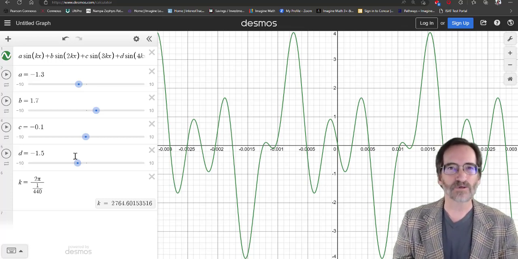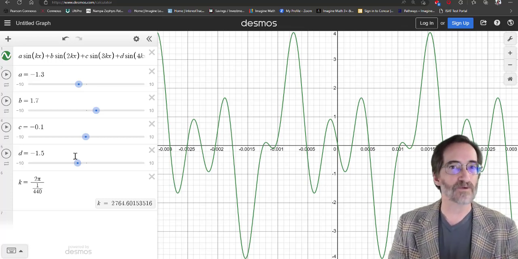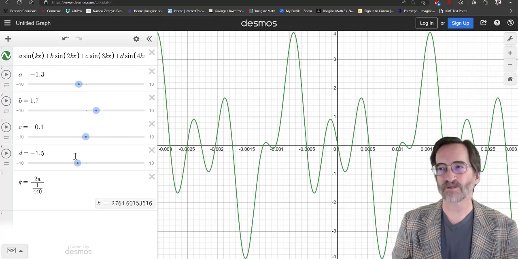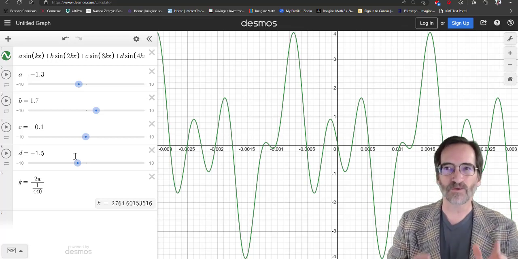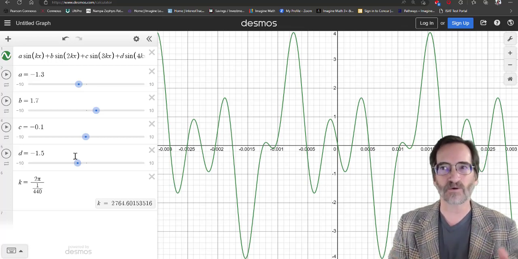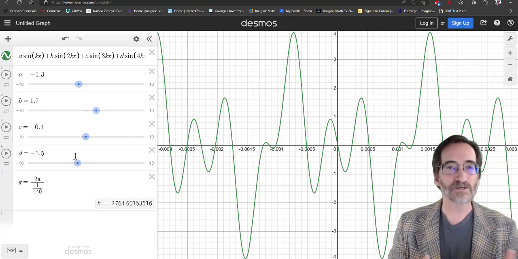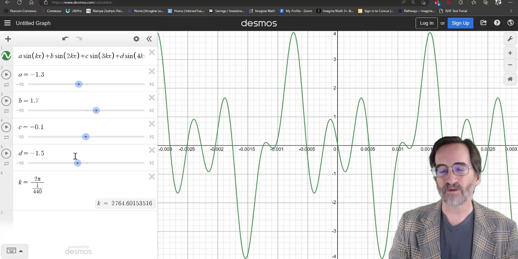And computers work really well. They use a field called fast Fourier transformations to model signals with the sum of these sinusoidal or cosinusoidal functions. And that allows you to do all kinds of mathematics with it.